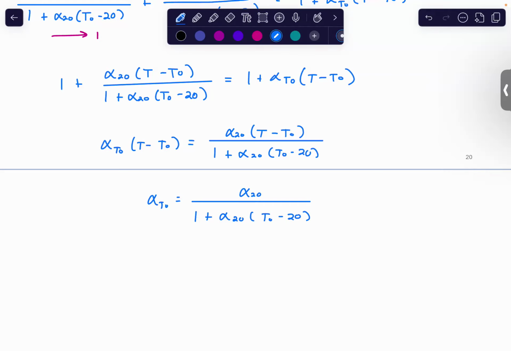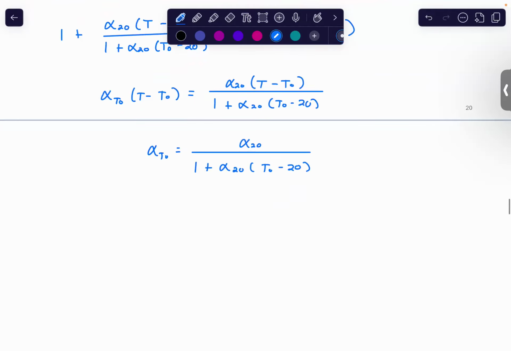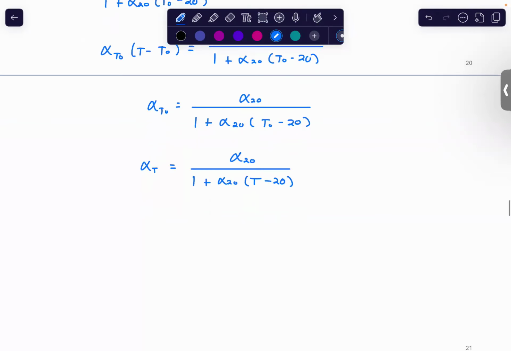Okay, so now this, of course, and this alpha can, of course, then be generalized to any temperature. Okay, so what we can do is that we can say, well, what happens to the alpha at 37 degrees?